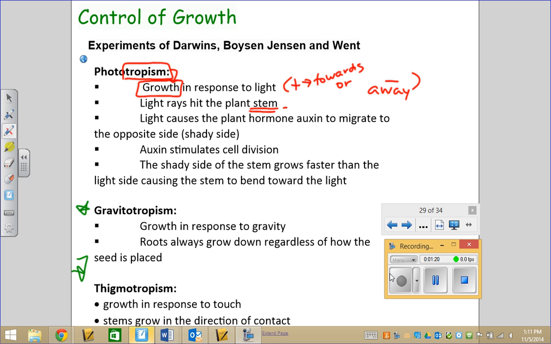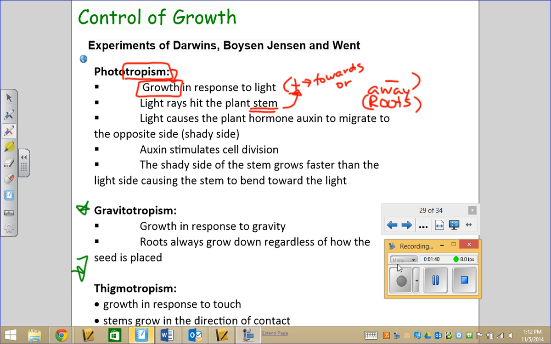So the plant stem has positive phototropism. Other parts of the plant, like the roots, grow away from the light, so they have negative phototropism. And we'll mention the roots below when we talk about gravity.